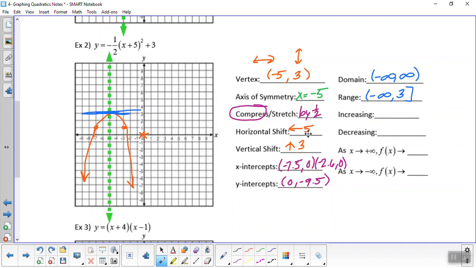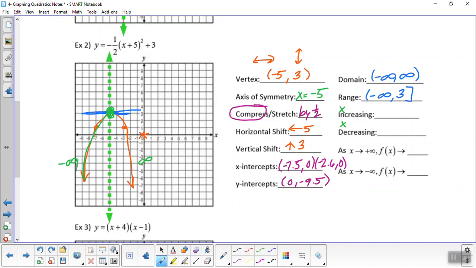Increasing and decreasing, we only care about our x values. So if we start all the way to the left, this graph is going to go to -infinity, and all the way to the right, it's going to go +infinity. So starting on the left, if I trace my graph, I'm going up until I get to my vertex point, which is at -5.